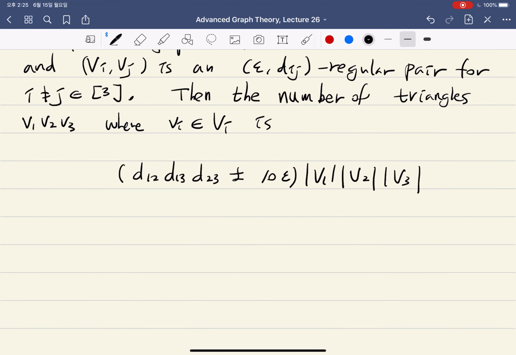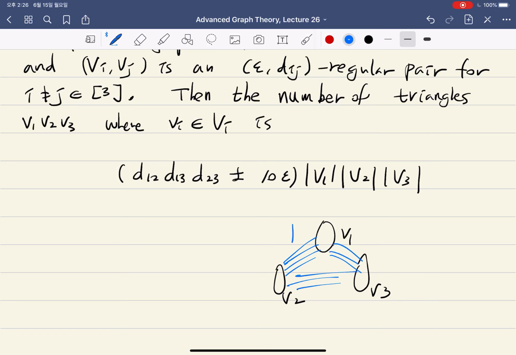So what it says is that if we have P1, P2 and P3, and assume that these are random graphs, so these edges are there randomly with probability t12, and these edges are here with probability t13, and these are here with probability t23. In that case, what's the number of triangles?